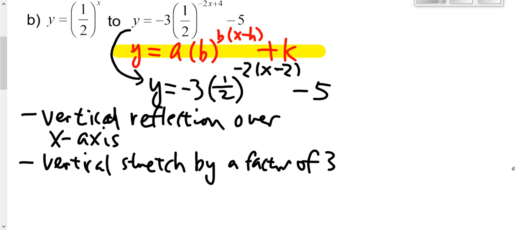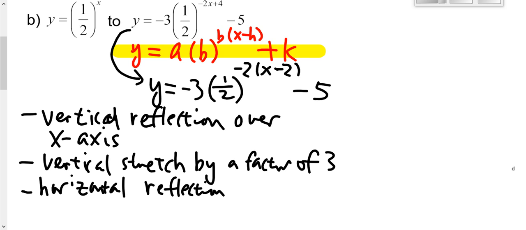Alright, now let's keep going. If you compare these two here, our base is 1/2, but it doesn't affect our transformation here. So let's look at the other b. This b is the horizontal stretch. Not just that, you have a negative in front. What does that mean? That means it is a horizontal reflection over the y-axis.